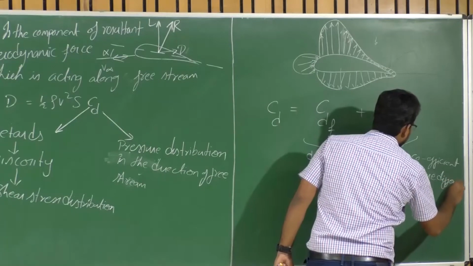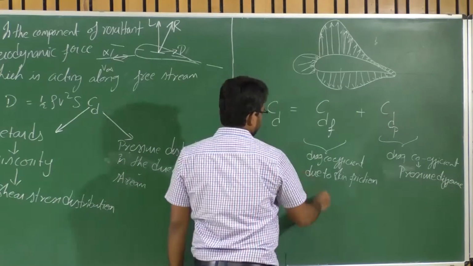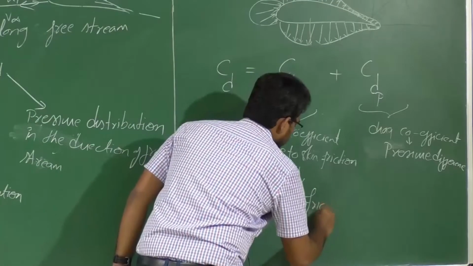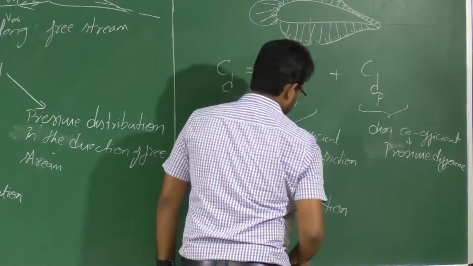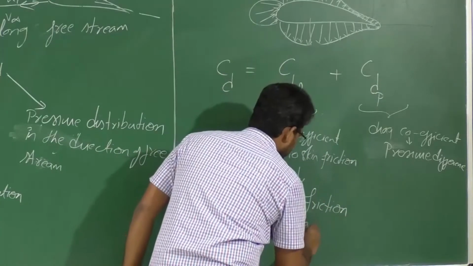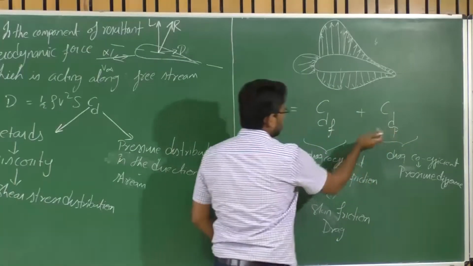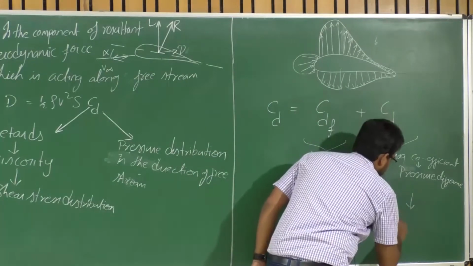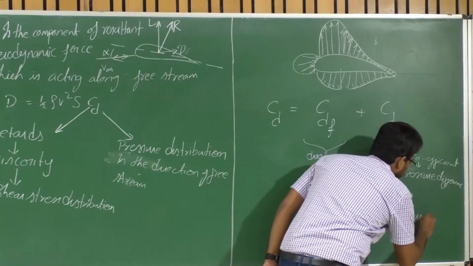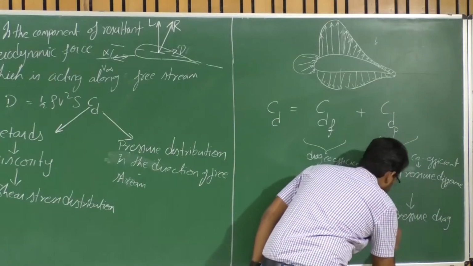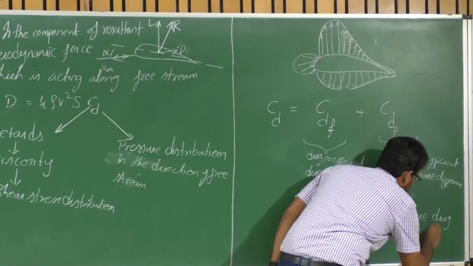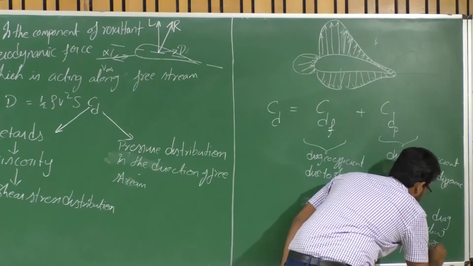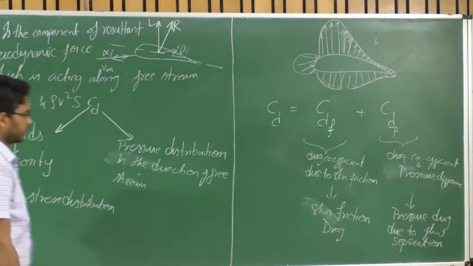The first term is known as skin friction drag, and the second term, when multiplied by the other parameters, is known as pressure drag coefficient or pressure drag due to flow separation.